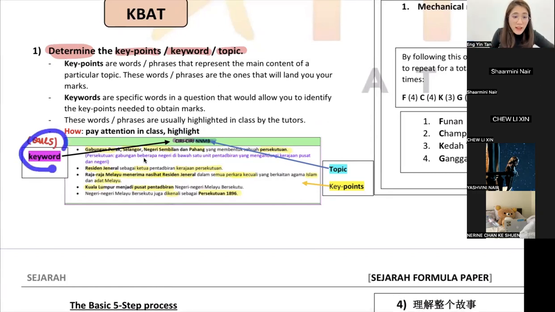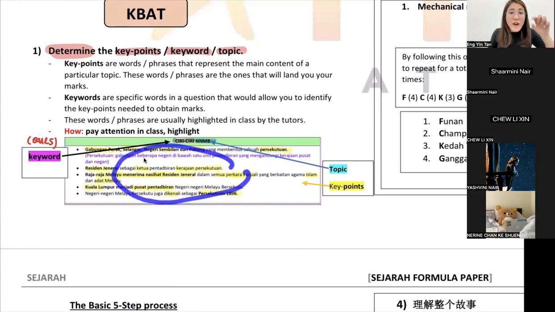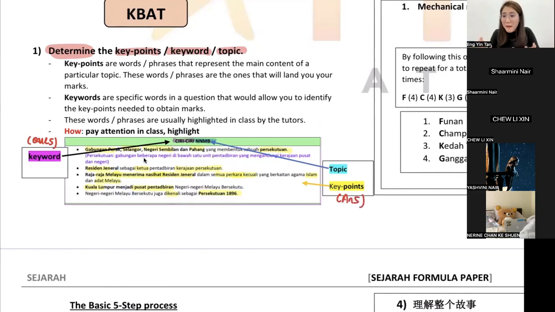From the question there, you know that you need to answer characteristics, and these are all the respective relevant key points, which is what I call the answer. This is all the answer that your teacher is looking for, expecting. So if you talk a lot but there is no key point, 0 marks. Sorry. Boleh faham? Easy to understand. So make sure in today's class, you're able to identify and determine all these things.